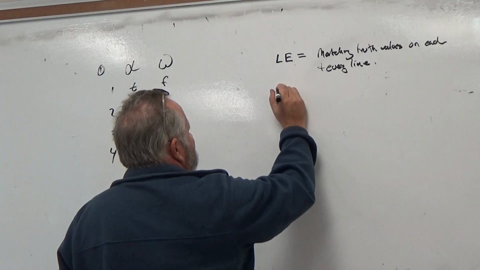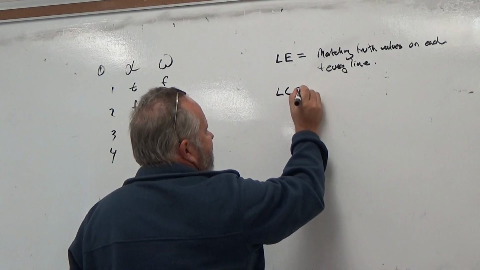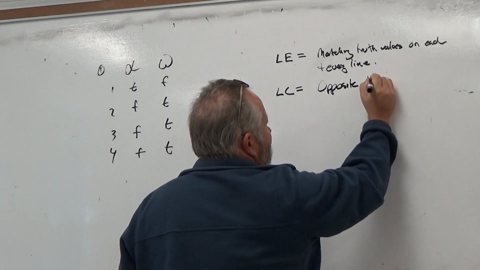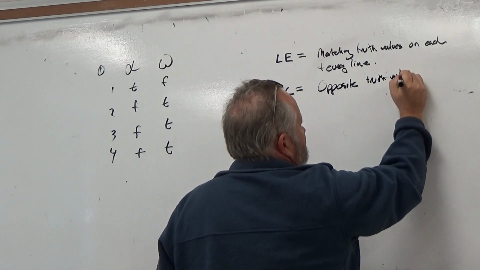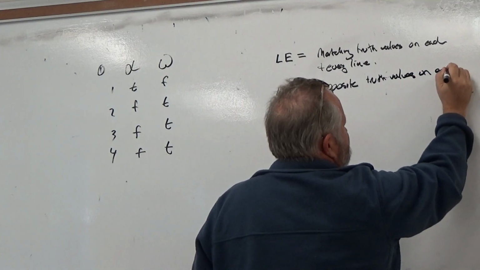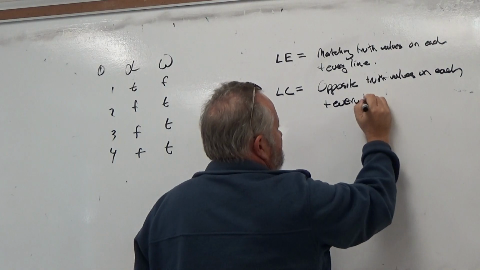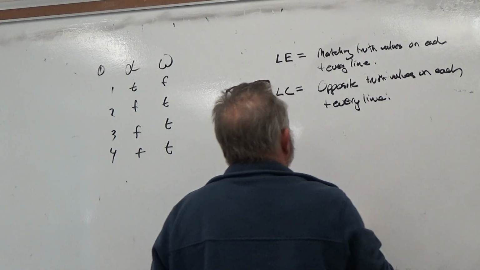And then there's logically contradictory, and that would be opposite truth values on each and every line. Okay, so we're going to look for those things.